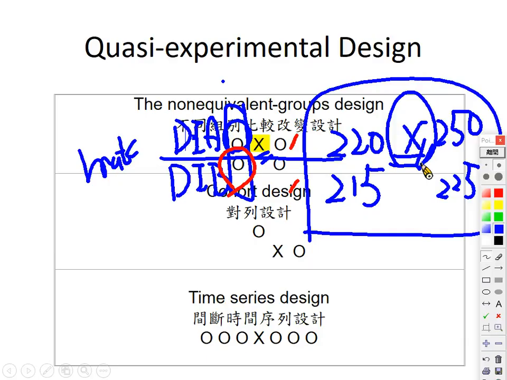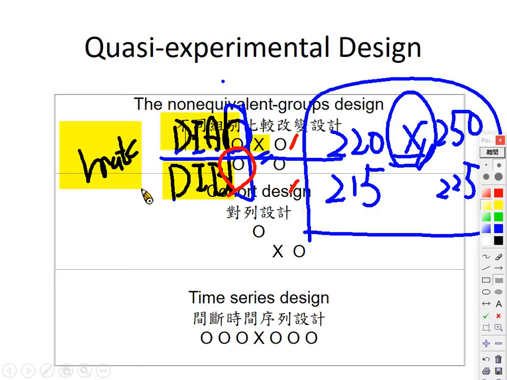Is that right? Okay, great. So this is non-equivalent group design, and the reason we can use the two groups is because we have done a matching. And the matching is based on the evidences provided by the literature. Because we cannot use randomization.